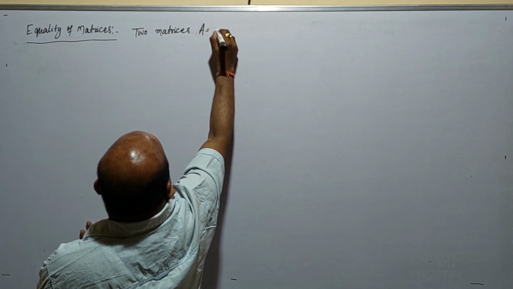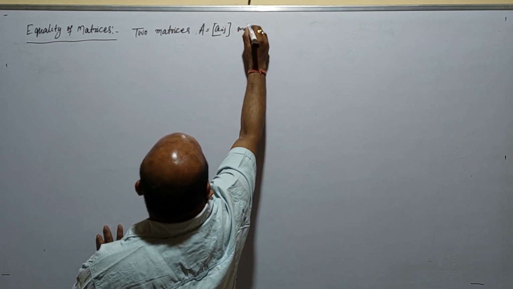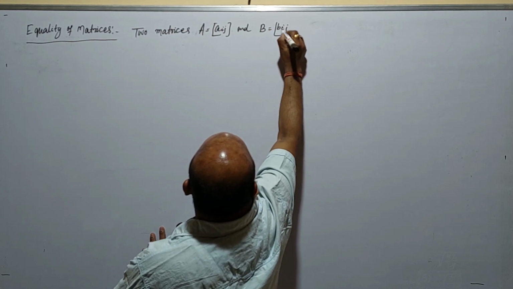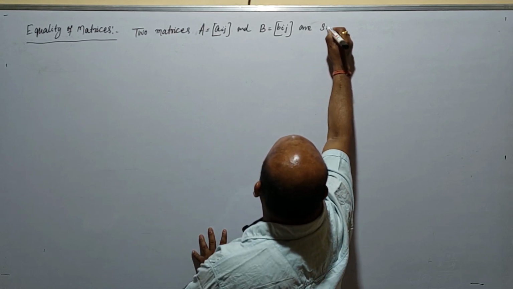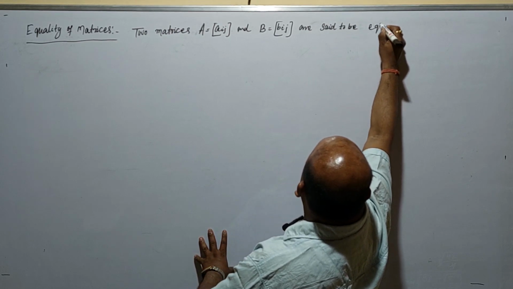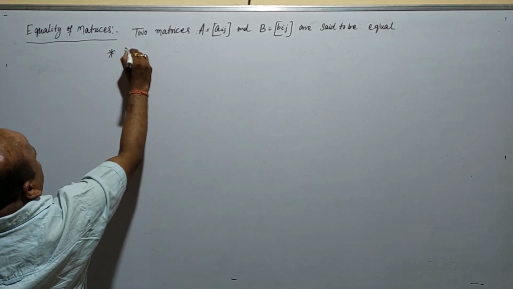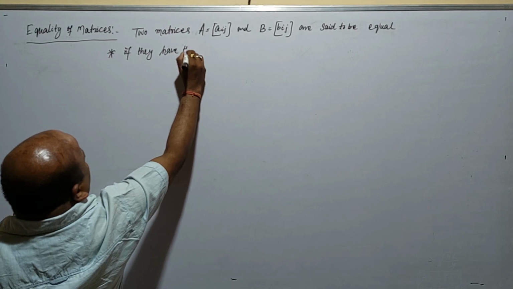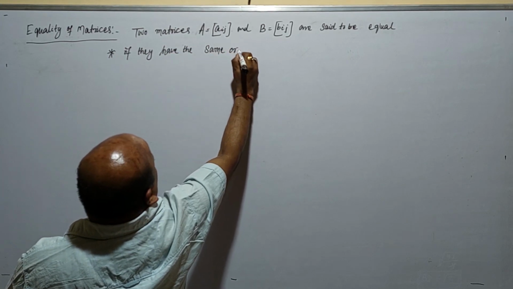A equal to Aij and B equal to Bij are said to be equal if they have the same order.